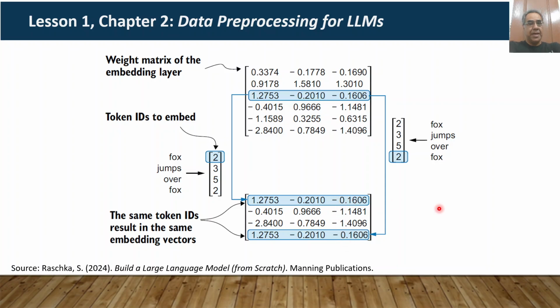To inject additional position information into the LLM, we can use some sort of position-aware embeddings. In its simplest form, for each position in the input sequence, a unique position embedding is added to the token's embedding to convey its exact location.